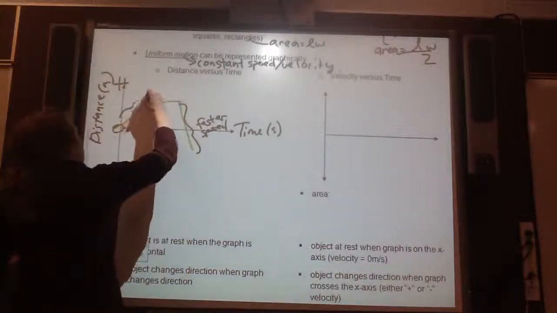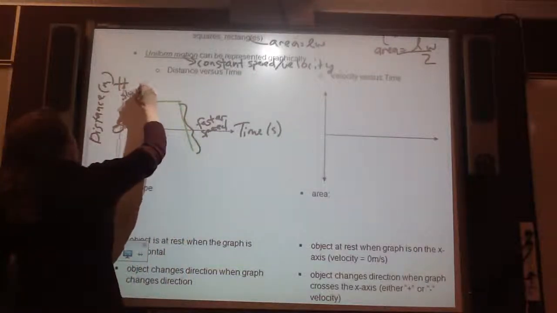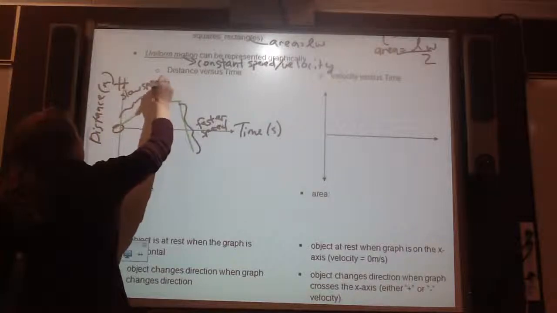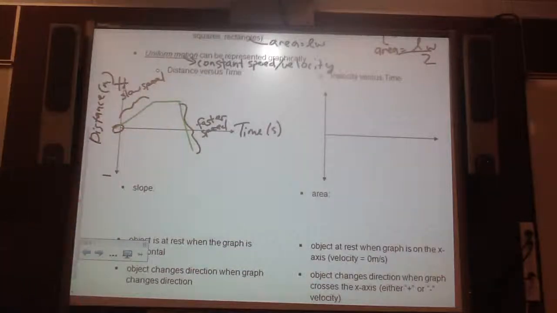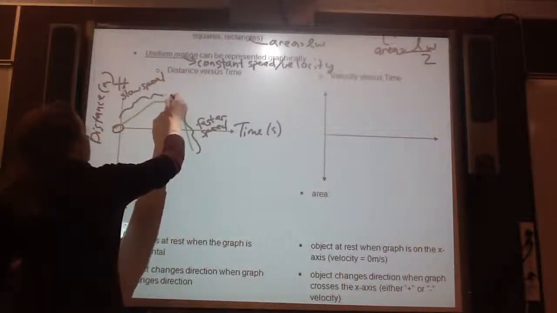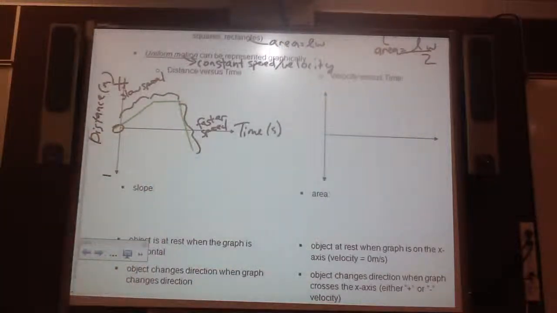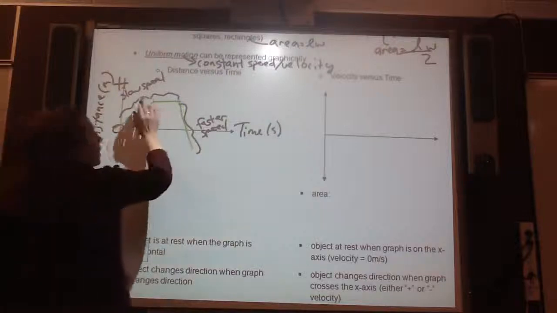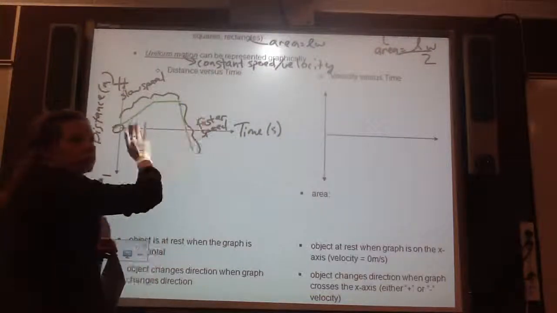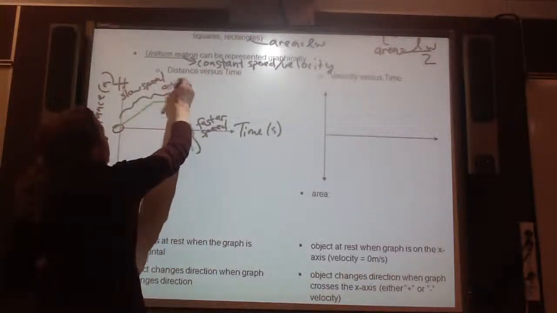This here, at the beginning, this is a slow speed. What's happening here in the middle? Nothing? At rest. So when it's plateaued, when it's just plain like that, it's at rest.